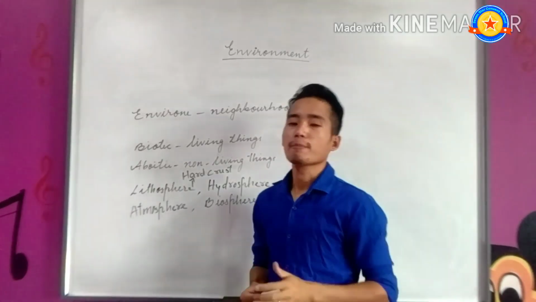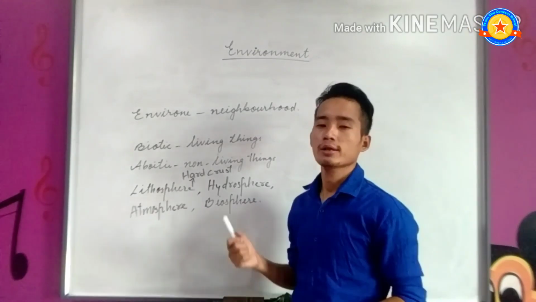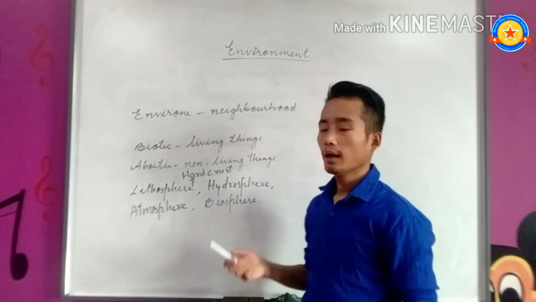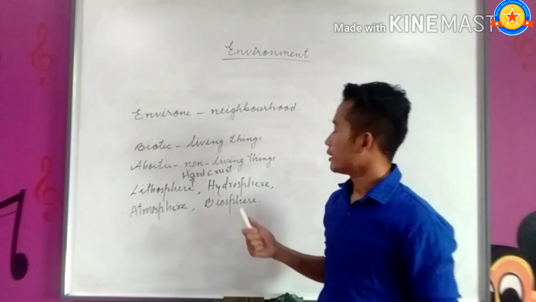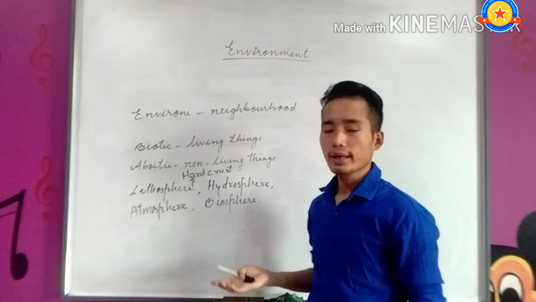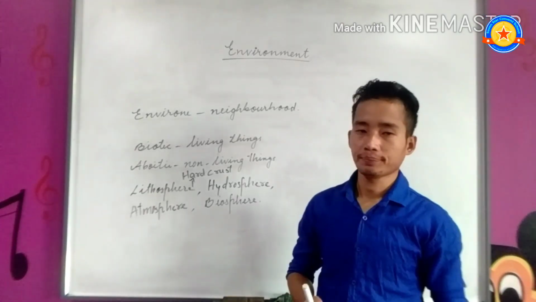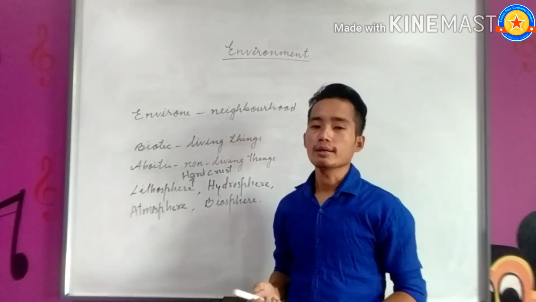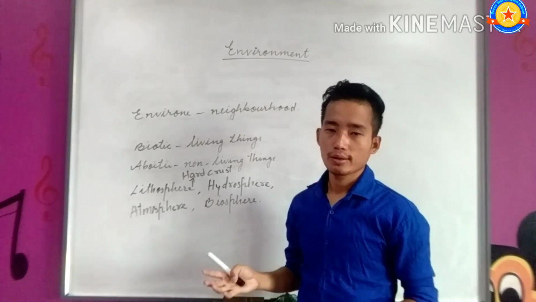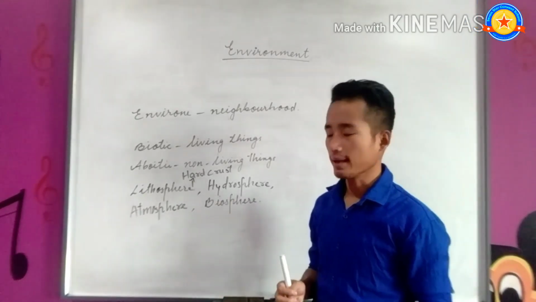This lithosphere is made up of rocks and minerals and is covered by soil. The landforms of this lithosphere are mountains, valley, plateau, etc. And this lithosphere provides us forests, land for agriculture and land for human settlement.